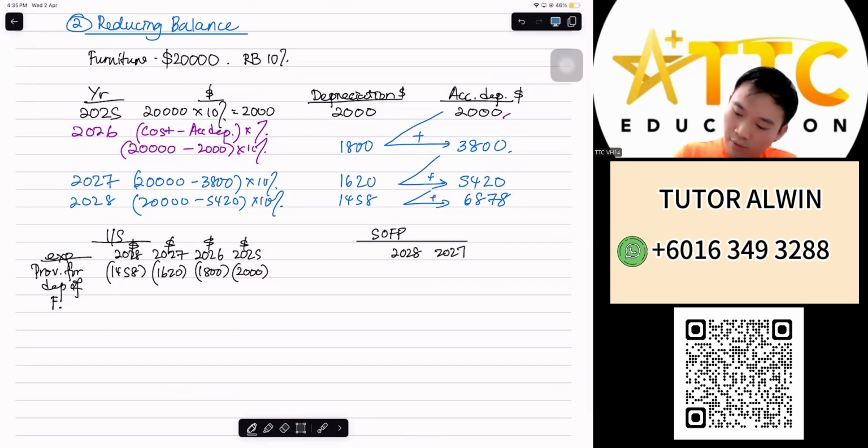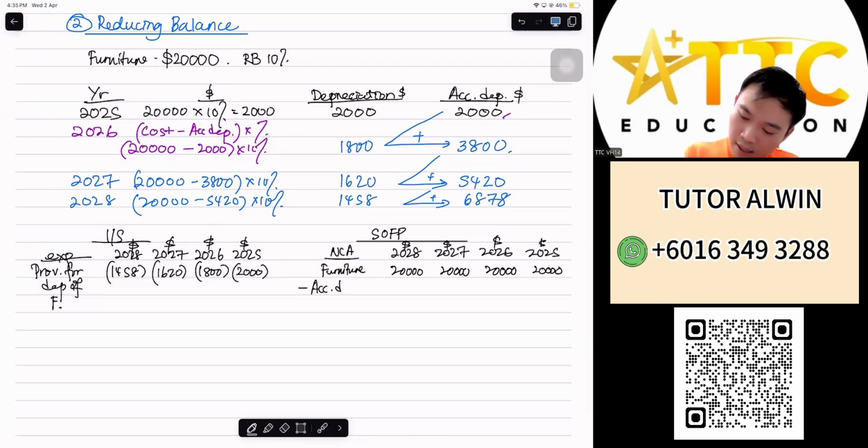Okay, SOFP wise, 2028, 2027, 2026, 2025. So we have our non-current asset here, our furniture. The cost 20,000 minus accumulated depreciation. Okay, the first year will be 2,000. Then the second year will be 3,800. Third year is 5,420. The fourth year is 6,878.